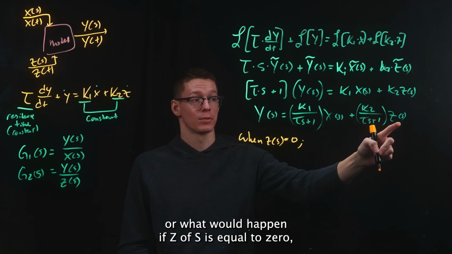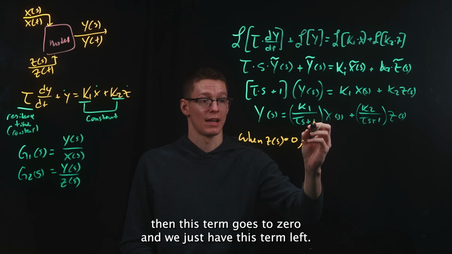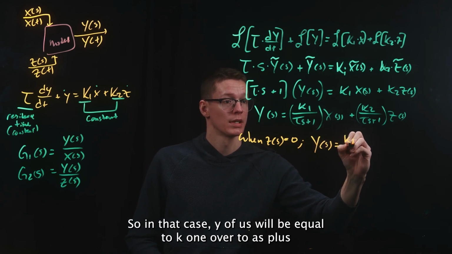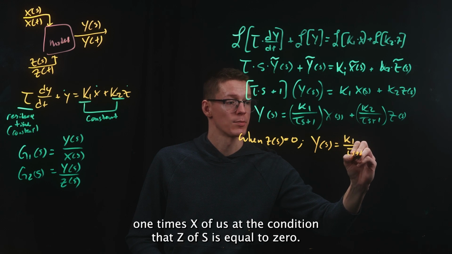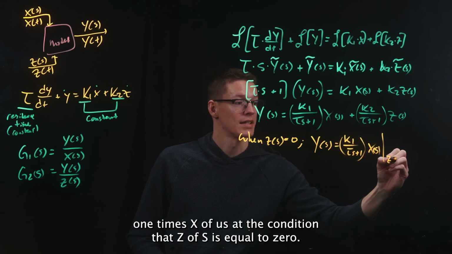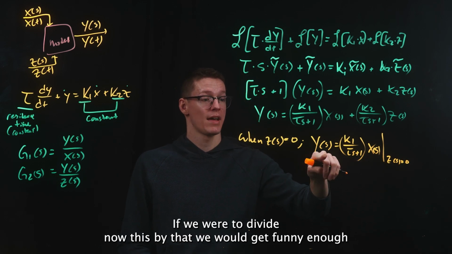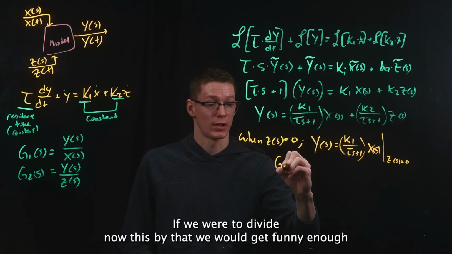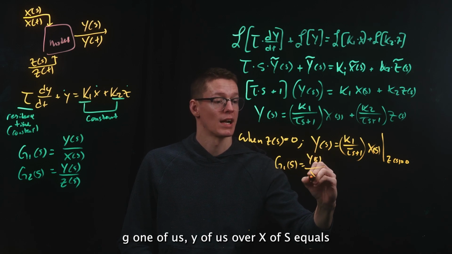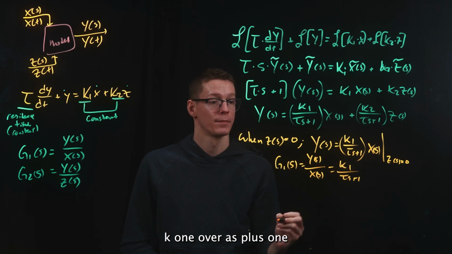If Z of s is equal to 0, then this term goes to 0, and we just have this term left. So in that case, Y of s will be equal to k1 over tau s plus 1 times X of s at the condition that Z of s is equal to 0. If we were to divide now this by that, we would get, funny enough, G1 of s, Y of s over X of s, equals k1 over tau s plus 1.